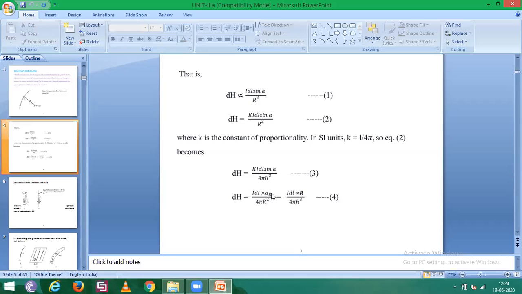So IDL sine alpha can be written as IDL cross aR.